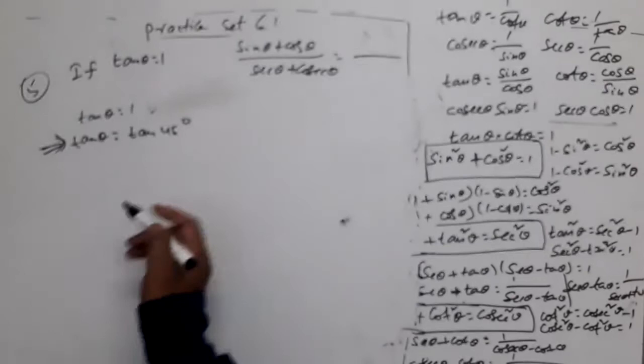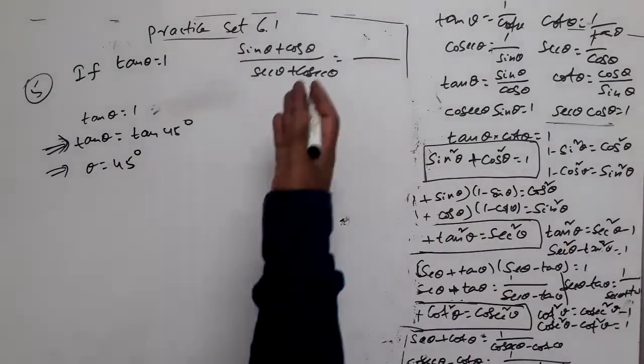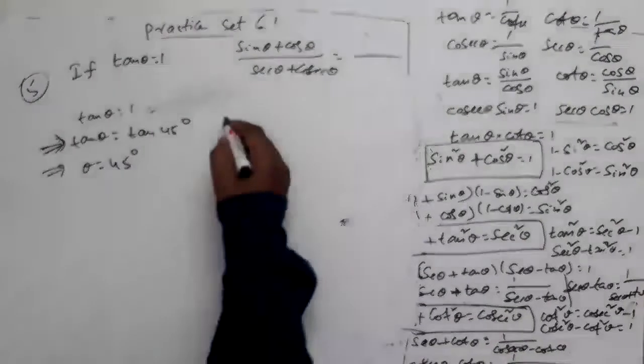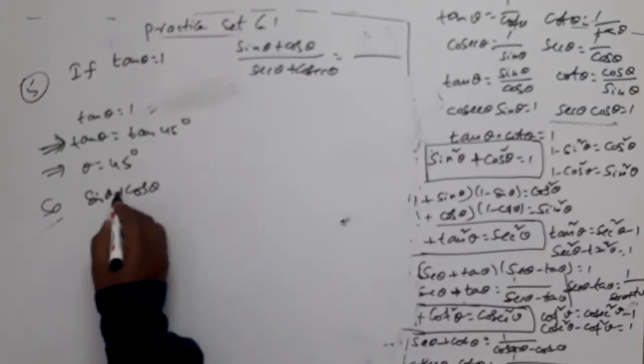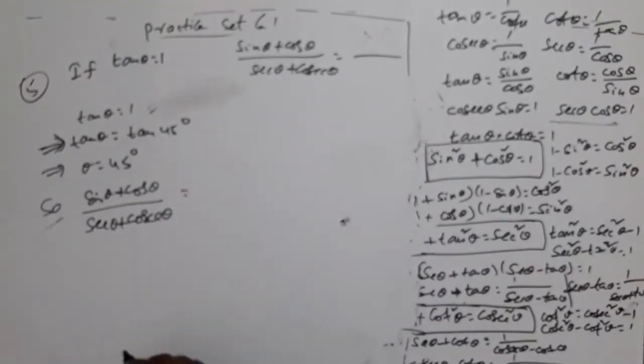So 1 is tan 45 degrees, so from this, theta is 45 degrees. Now you know the remaining values. You want to find the value of sin theta plus cos theta by secant theta plus cosecant theta.